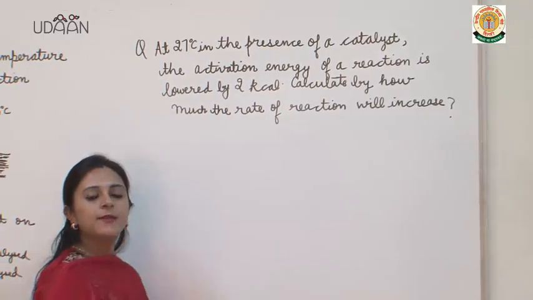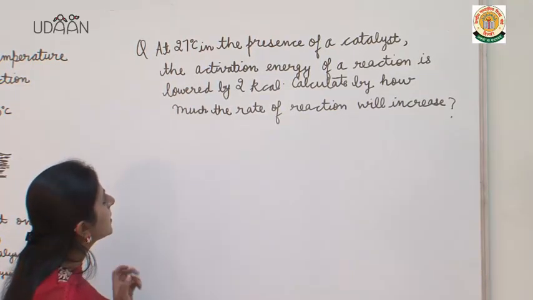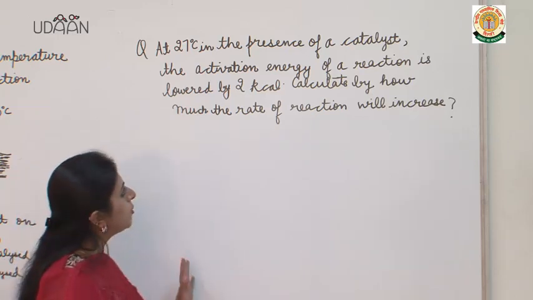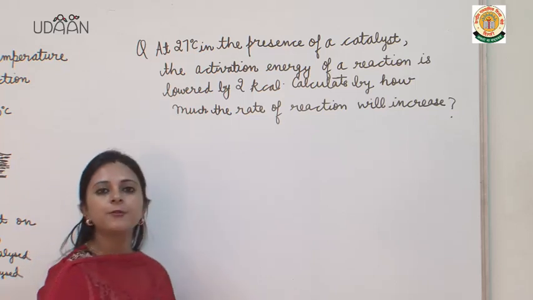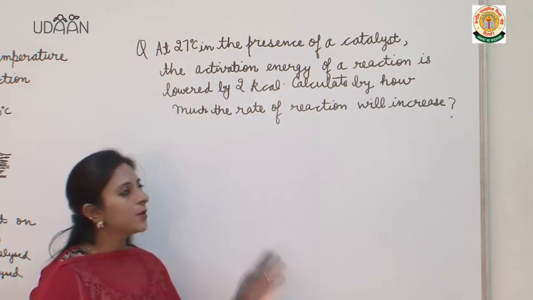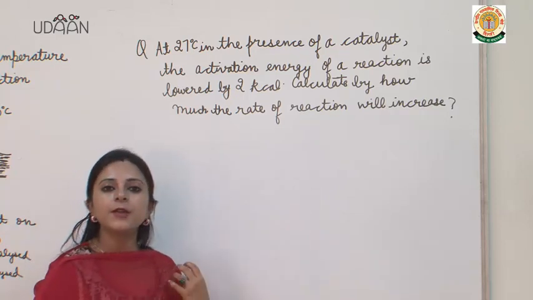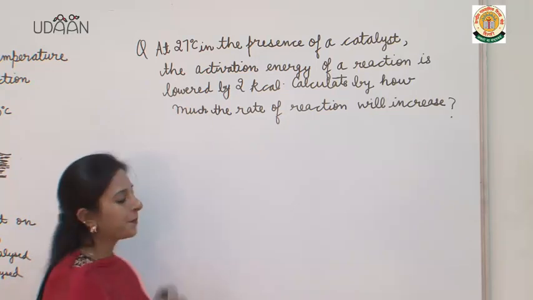At 27 degrees Celsius, in the presence of a catalyst, the activation energy of a reaction is lowered by 2 kilocalories. Calculate by how much the rate of reaction will increase. So after adding the catalyst, the activation energy has lowered and we have to find out कि rate कितना increase होगा.